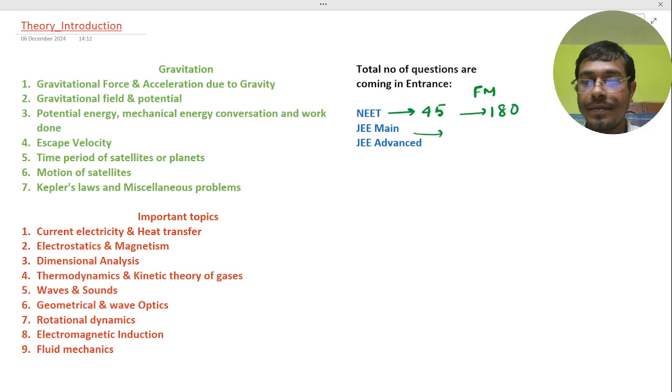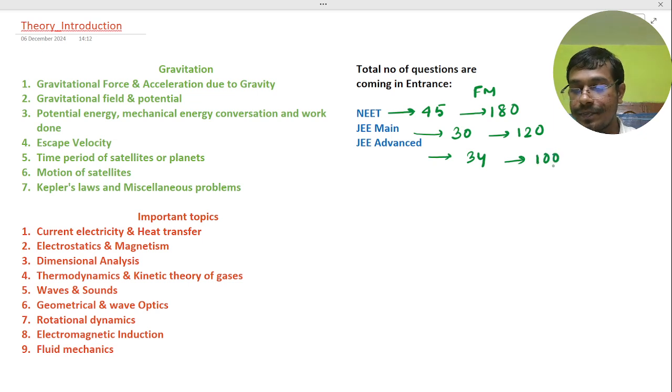For JEE Main, physics has 30 questions with weightage of 120 marks, because I teach only physics. For JEE Advanced, paper 1 and paper 2, 2 into 17, total 35 questions with weightage of 100 marks. In this chapter, gravitation, there are at most 2 or 3 questions every year. So let us go ahead with our discussion.